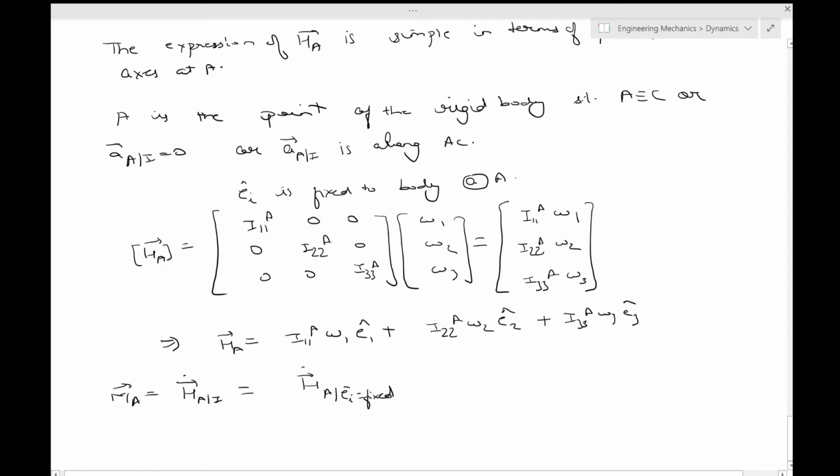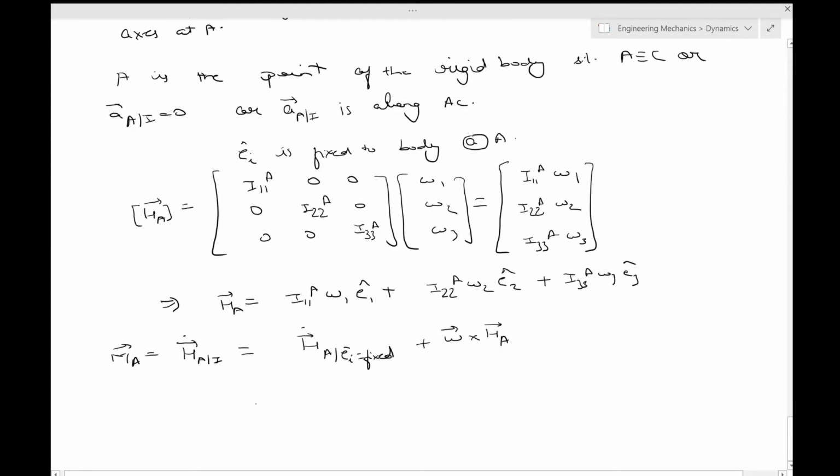That means you would then write it as plus omega cross HA. For a rotating frame, you write it like this. Any vector is written like this. So HAI is no different.